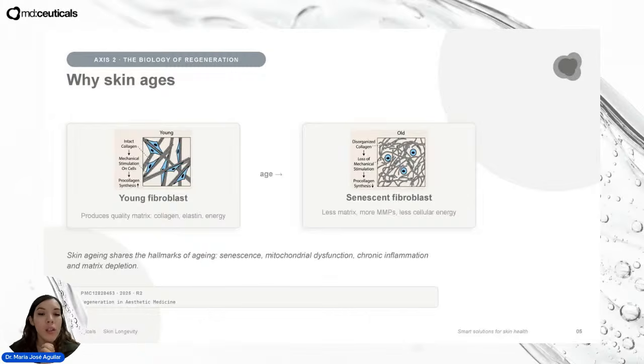Why is it important to explain this? Because with the longevity treatments, we work with the mitochondria. And it's not the same as the non-regenerative or anti-aging treatments, where you can see a dramatic change immediately.